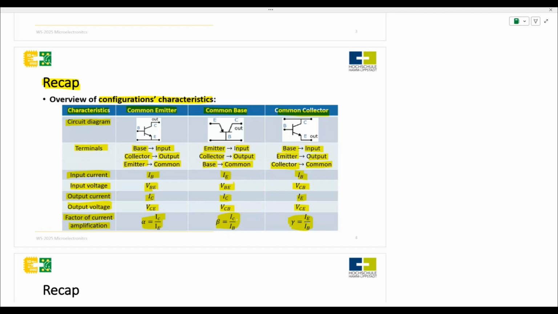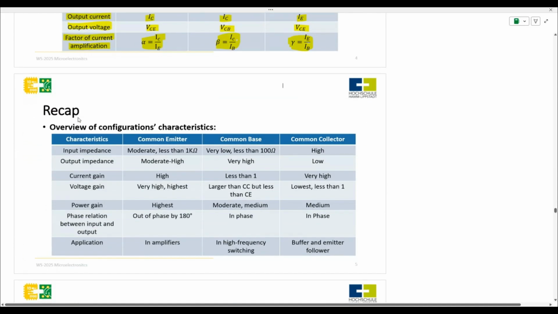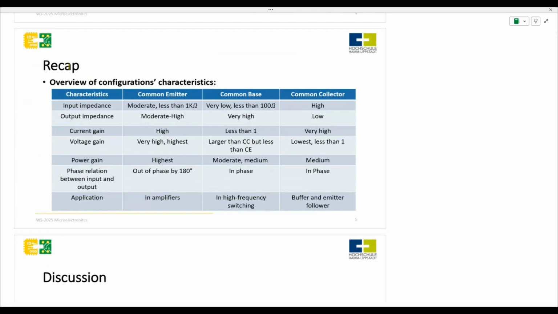So that was a recap on the configurations and their characteristics. Let's continue in our recap. To continue with the configuration characteristics, if we want to mention the input impedance, in the common emitter it is moderate, basically less than 1 kilo ohm, while in the common base it is very low, less than 100 ohm, and in the common collector configuration it is high.